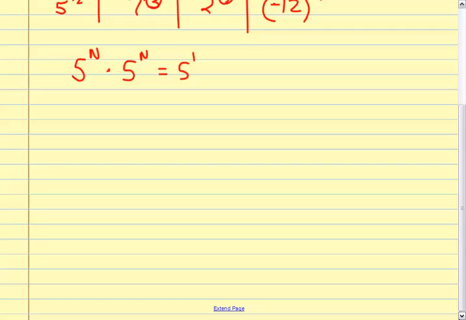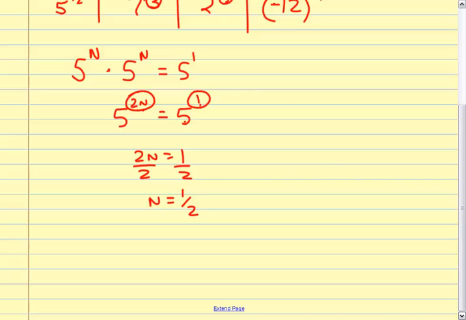Do you agree that if that's true, then 5 to the n times 5 to the n, that's 5 to the 2n, right, is equal to 5 to the first. So 5 raised to this exponent is equal to 5 raised to that exponent. So that means that those two things have to be the same. That means that 2n has got to equal 1, right? Okay. Well, let's divide both sides by 2, and that means that n is equal to 1/2, right?